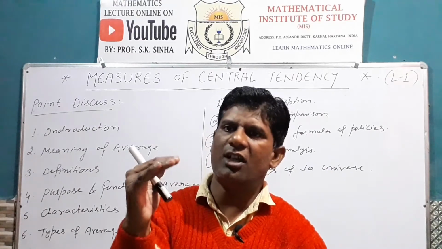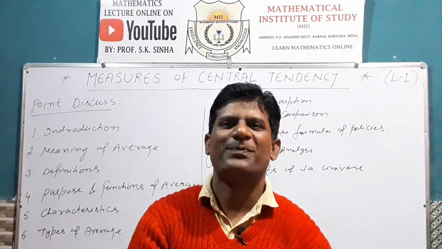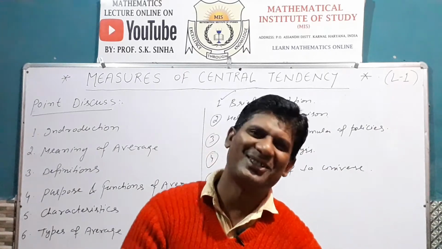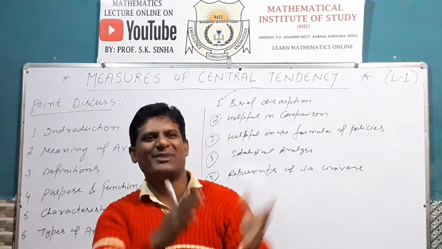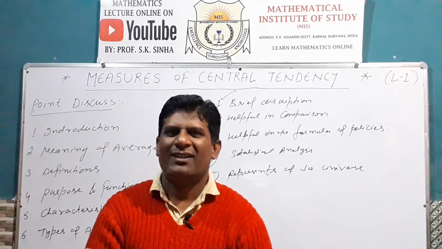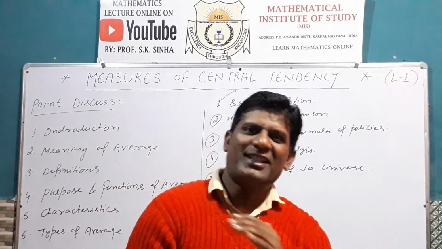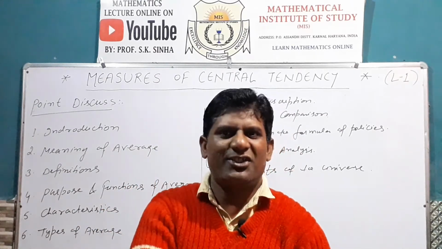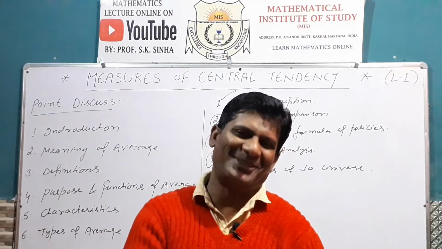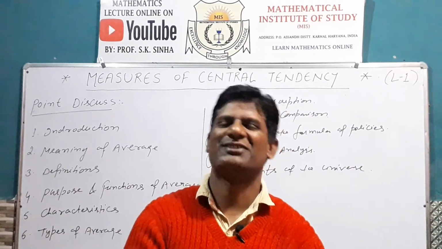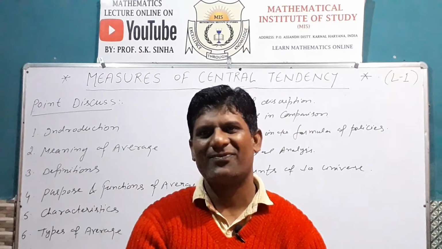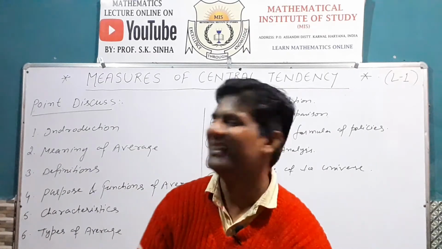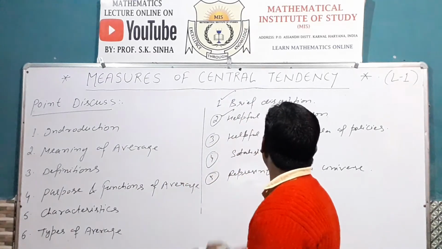It leads us to the conclusion that, so what is the conclusion? Yes, students. The conclusion is that India is a poor country in comparison to USA. Am I right? Okay. This is helpful in comparison.